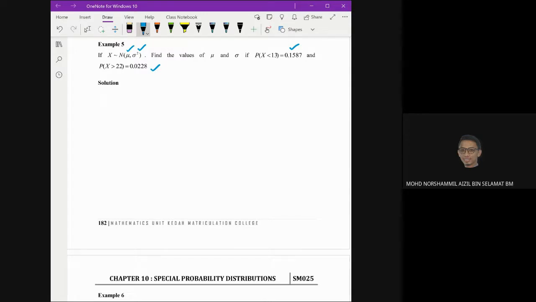Dapat tak? Nampak tak idea dia? Nampak, sir. Okay. So let's take a look at the first clue. The first clue is probability of x less than 13 is 0.1587. So let's sketch first.